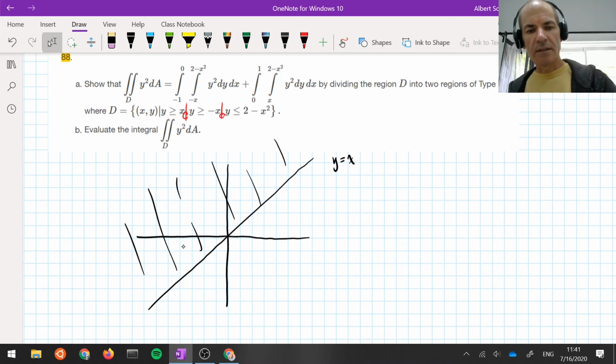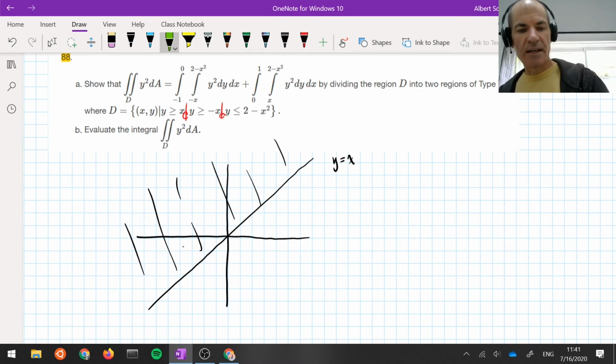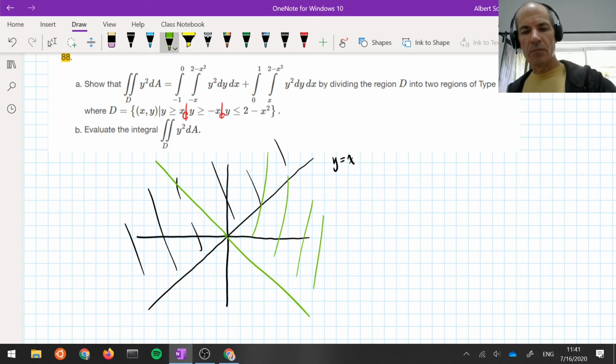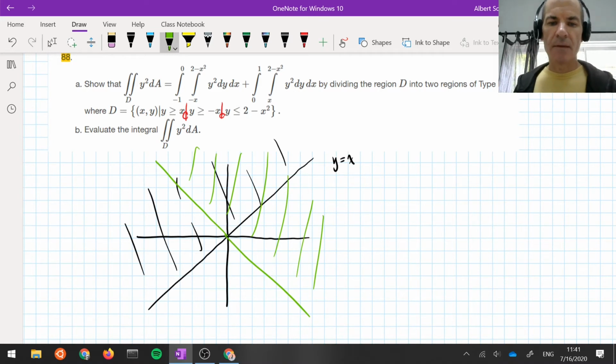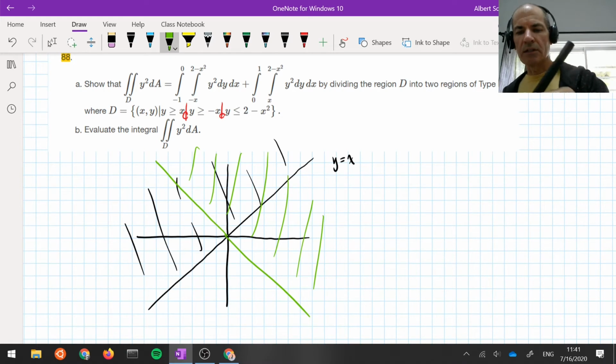We also want the condition that y be greater than or equal to negative x. So let's sketch the function y equals negative x, and look at everything above that. And then finally, we want the condition that y be less than or equal to 2 minus x squared. What does 2 minus x squared look like?